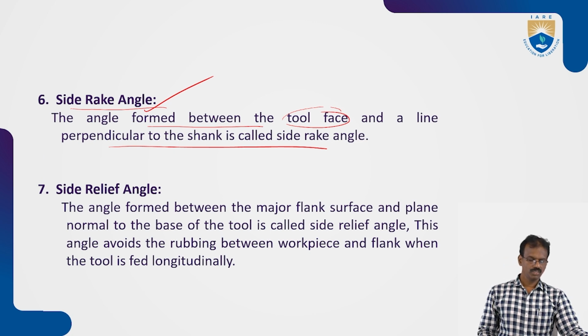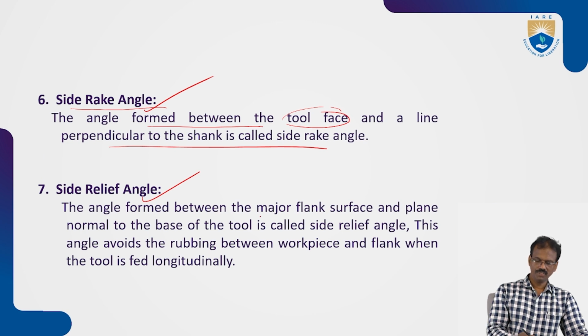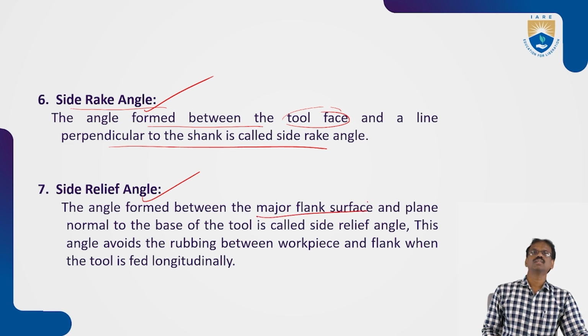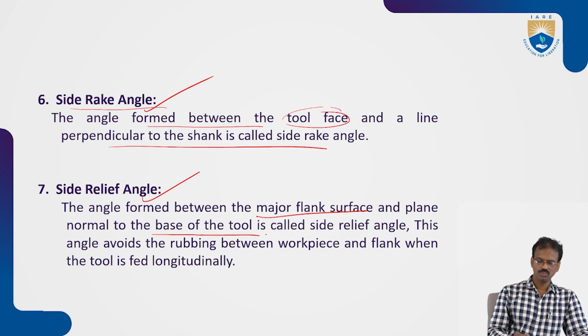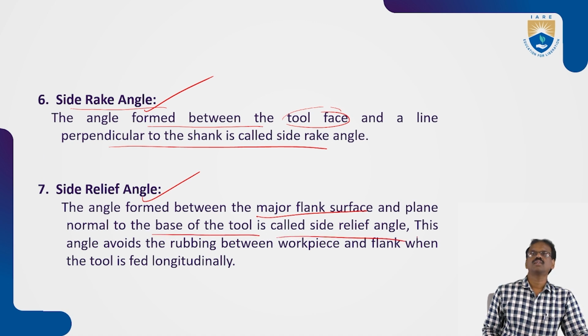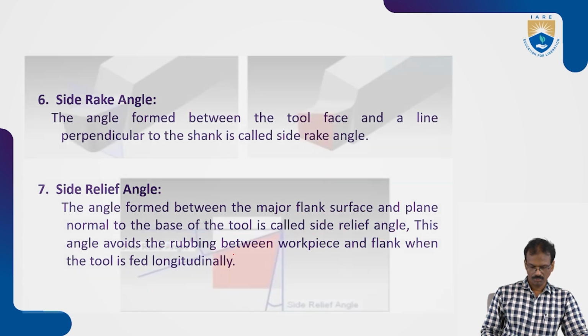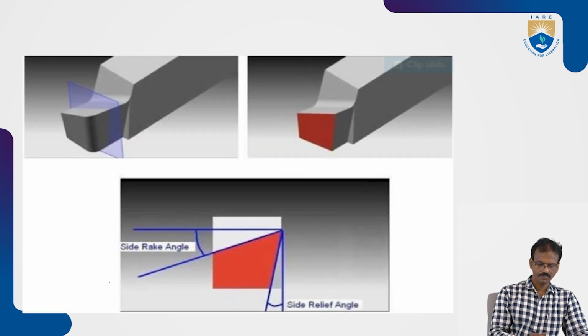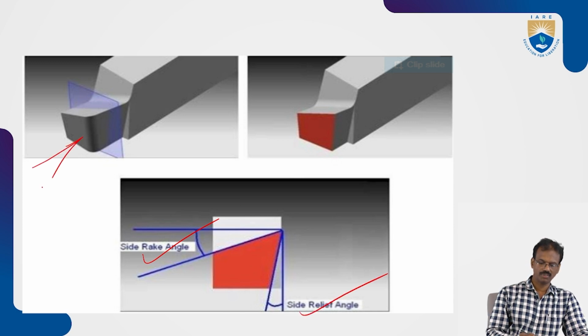Next is the side relief angle, the angle formed between the major flank surface and the plane normal to the base of the tool. This angle avoids the rubbing between the workpiece and the flank surface. So this one is also very important. This is the side rake angle and side relief angle, as seen from the front view.